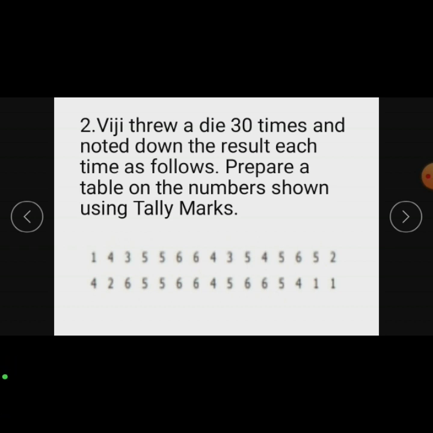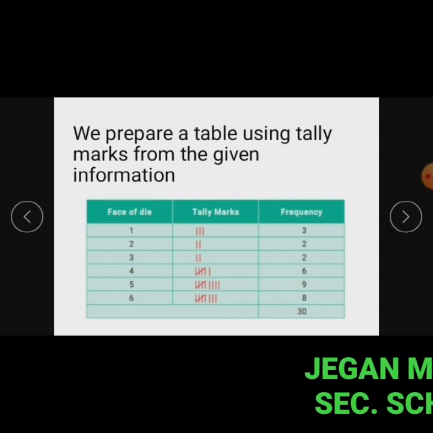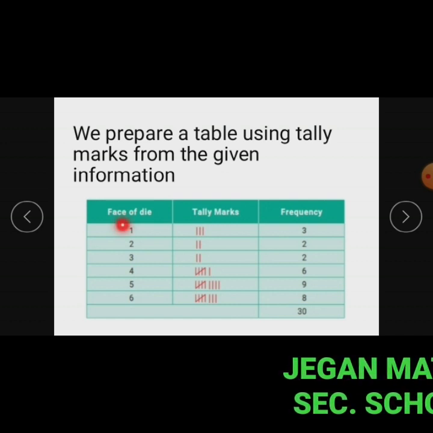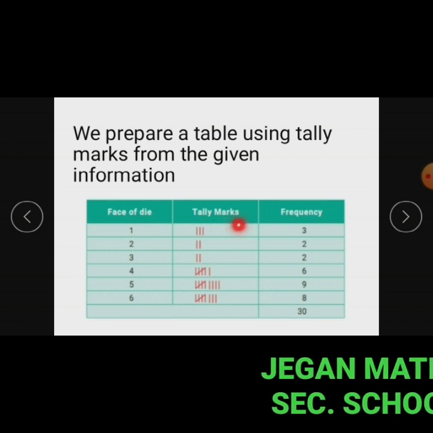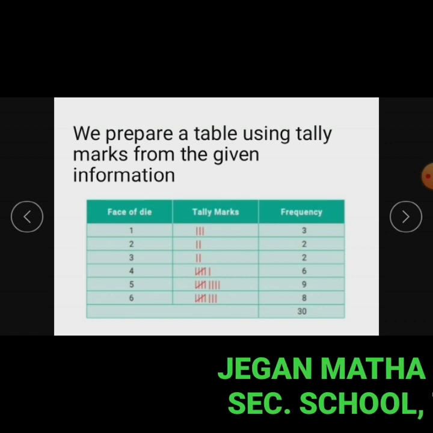Here 1, 2, 3, 4, 5 and 6 numbers were recorded. We prepare a table using tally marks from the given information. Here, face of die, tally marks and frequency are recorded or tabulated.